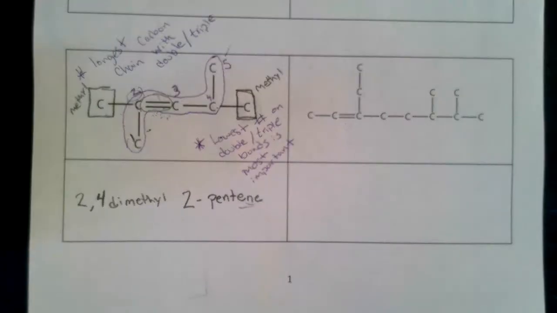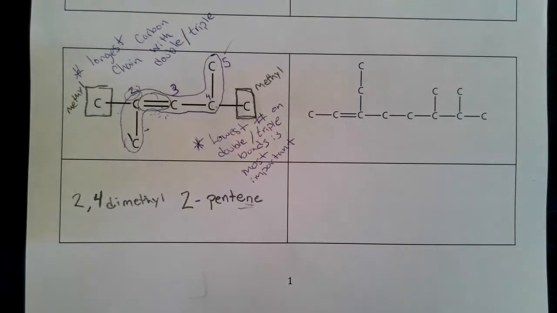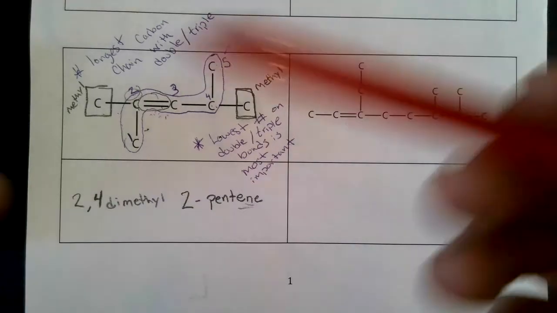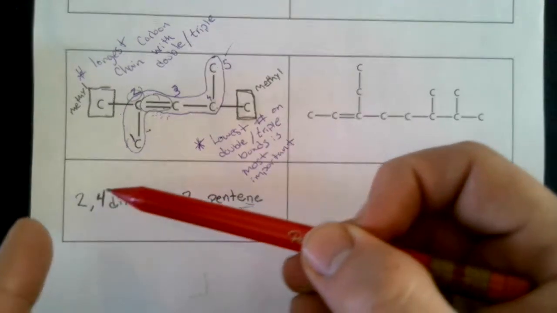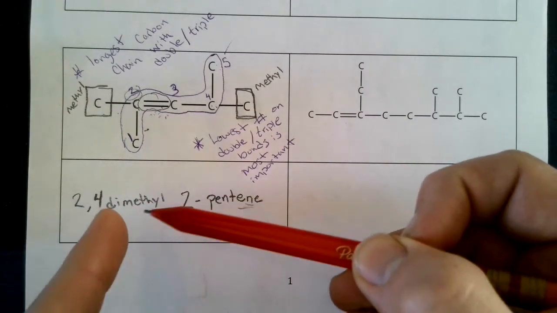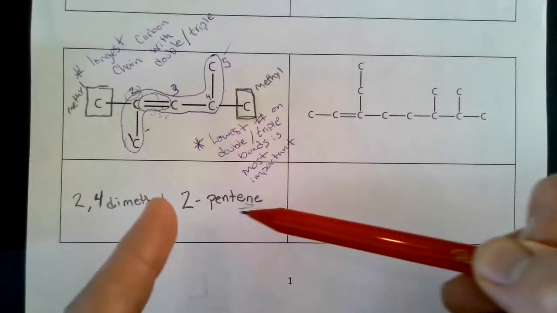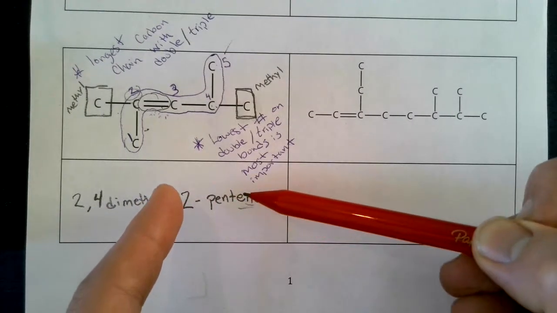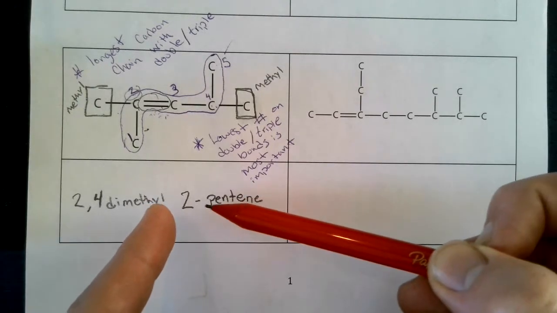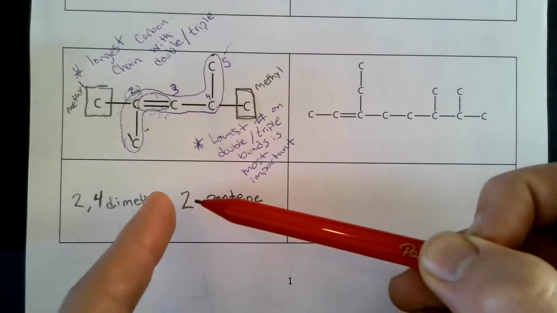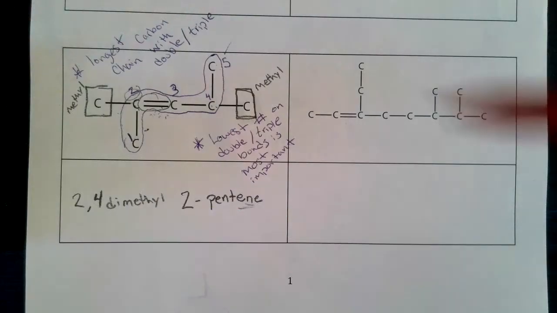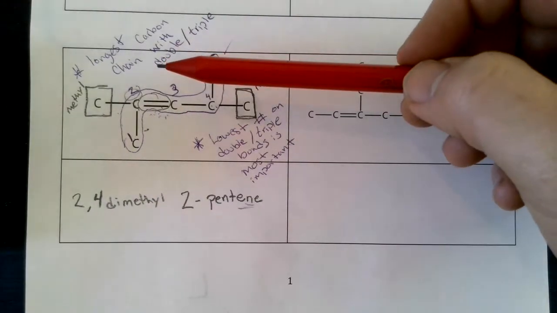Remember, the numbers are basically addresses. They tell us where we're looking, and then whatever comes after it tells us what we're looking at. So the same thing is true here. I have a double bond. I'm looking at a double bond, but where am I looking at it? At the second carbon.